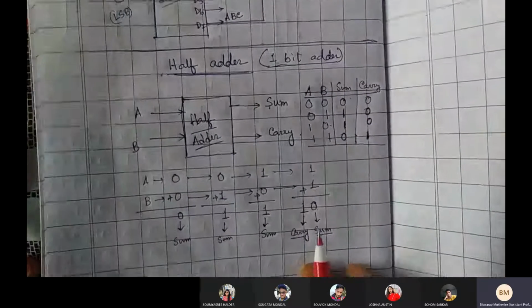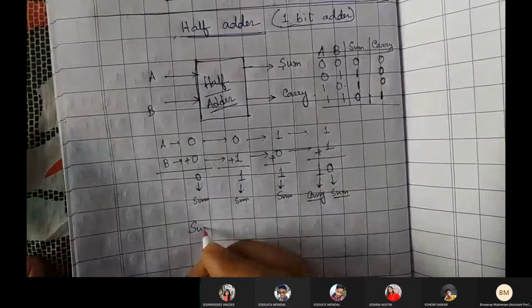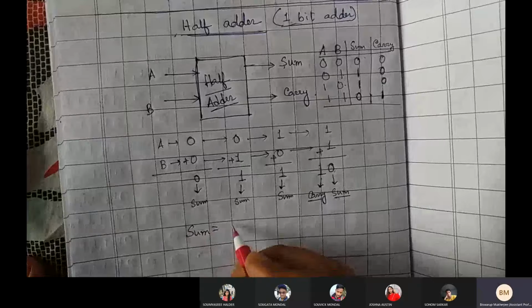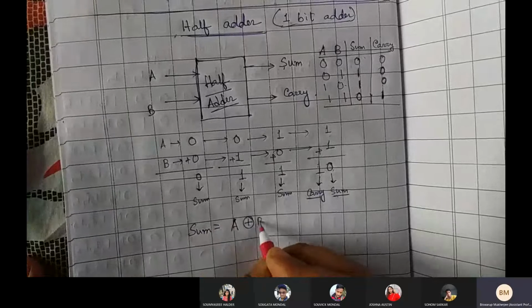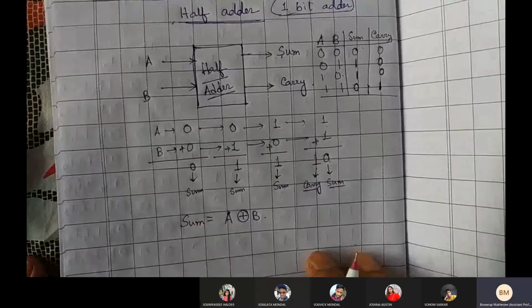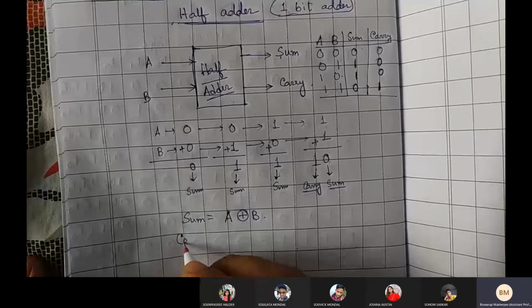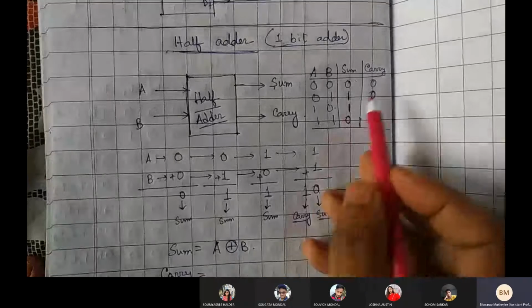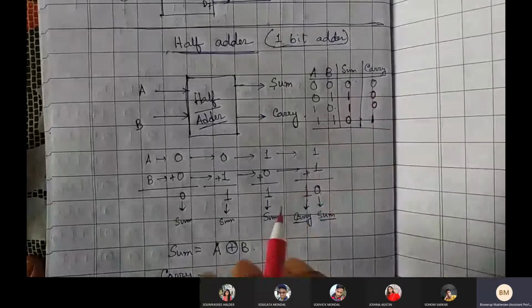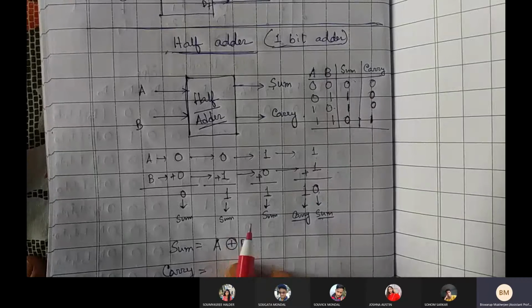So we can write sum is equal to A XOR B. Okay, we can write it as A XOR B. Similarly, we can write down carry. It looks like 0, 0, 0 followed by 1, which is the same truth table as an AND gate, right?